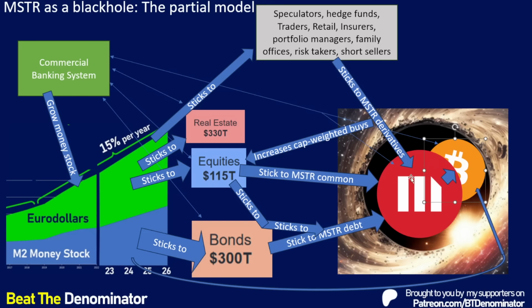So this is where the MicroStrategy situation comes in, the relationship between MicroStrategy, Bitcoin, and commercial banks. MicroStrategy has done this before with one of their Silvergate loans. You take your Bitcoin, you use it as collateral with the traditional banking system, and the traditional banking system gets back to MicroStrategy and lends against the Bitcoin.